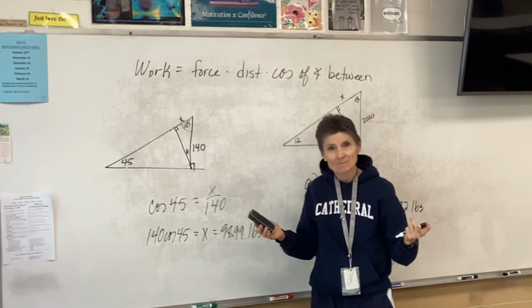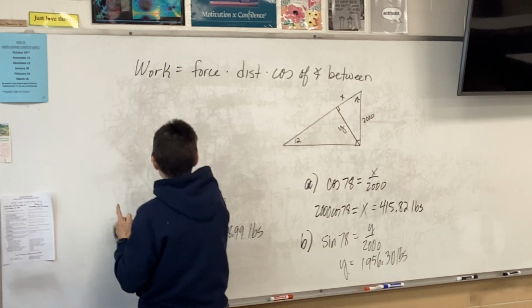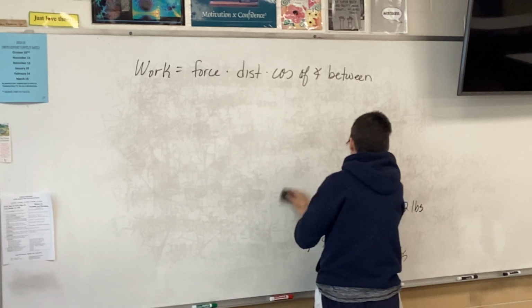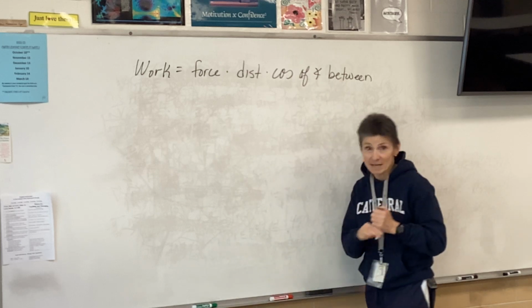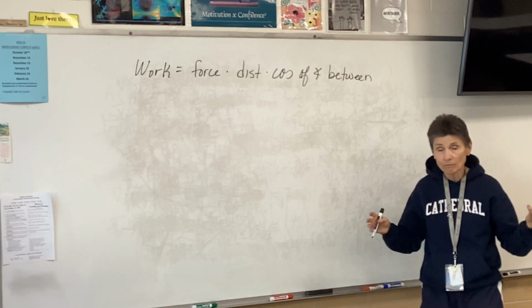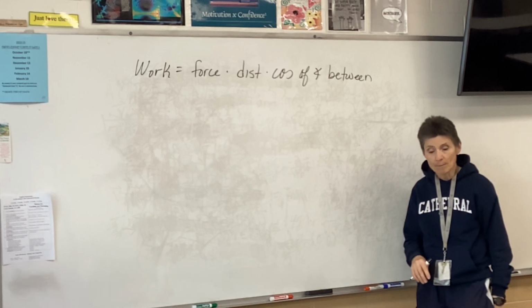What is that? That's the vector dot product. So work is an application of the dot product. Hence, it's in this section. It's an actual, useful, practical, real-life application of the vector dot product.